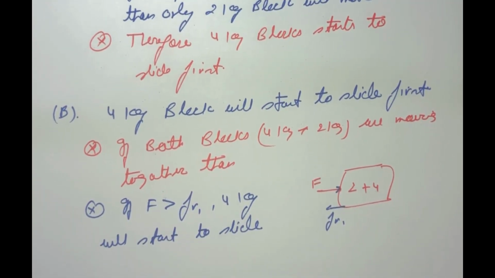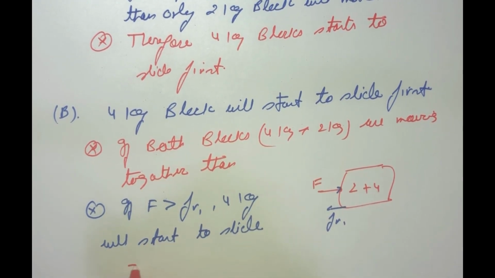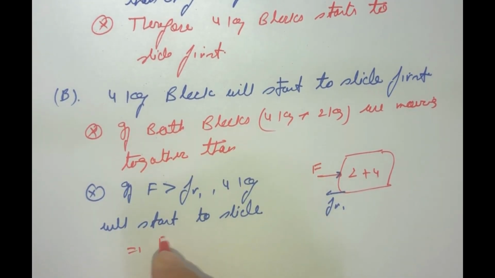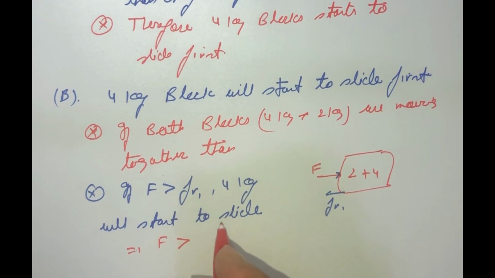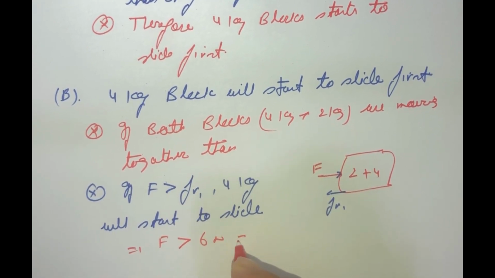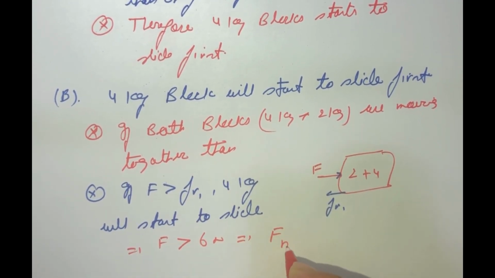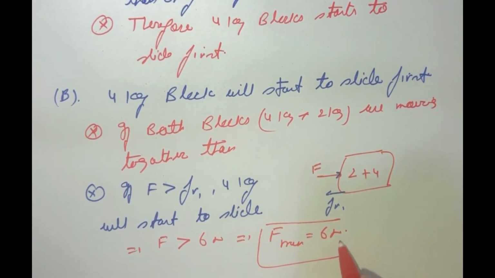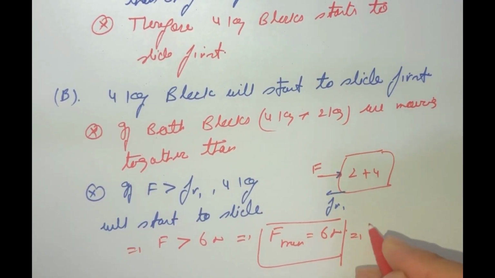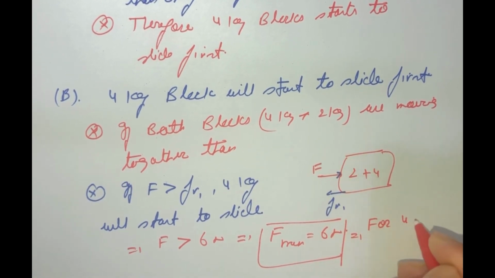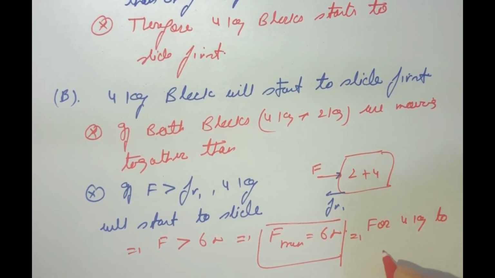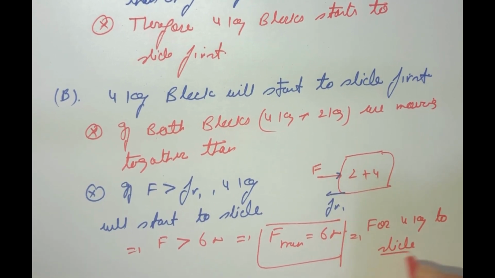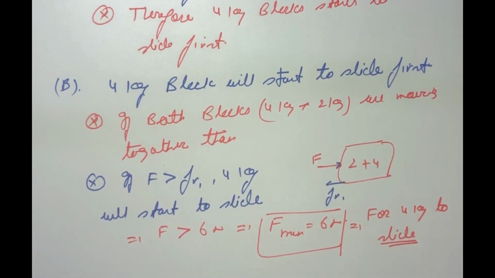So which basically means that F should be greater than 6 Newton. We can say the minimum value of the force is equal to 6 Newton for the 4 kg to slide. So this is our B part.